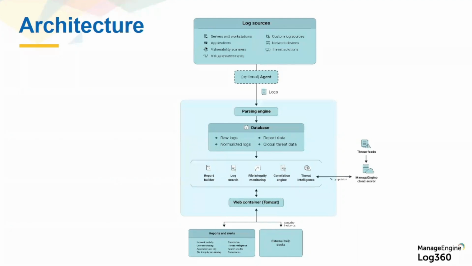Apart from the reports and the alerts, the information from the event log analyzer can be sent to external databases and external third party software, including ITSM tools and your SIEM solution. So that's what the log sources is all about.